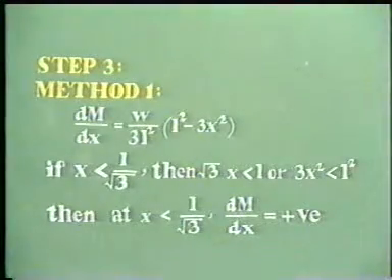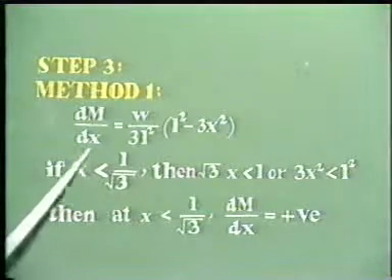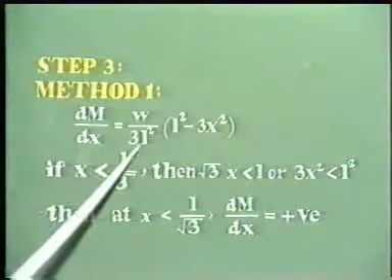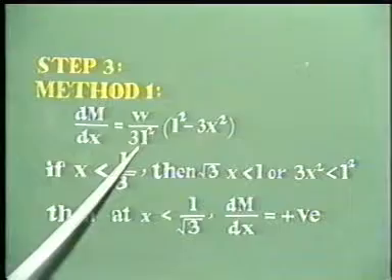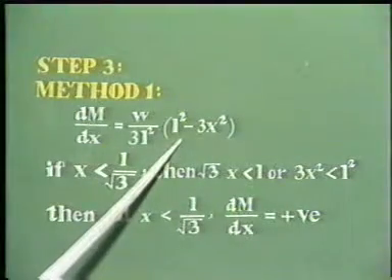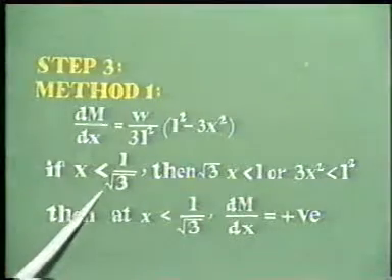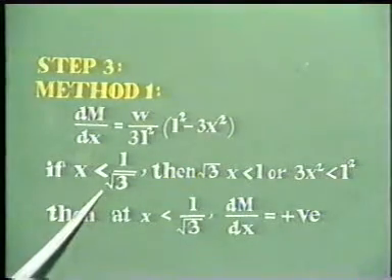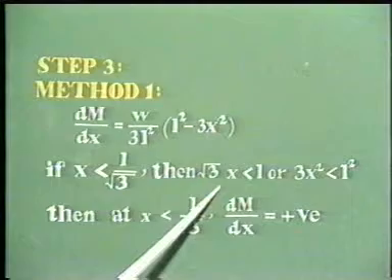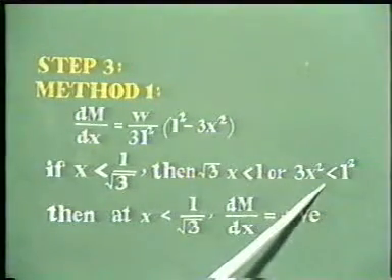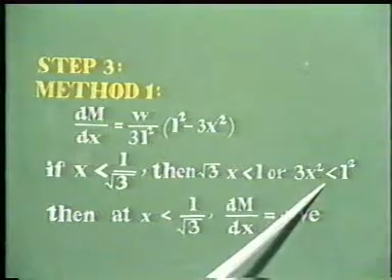Step 3. Method 1. dM over dx is equal to W over 3l square into l square minus 3x square. If x is less than l by root 3, then root 3 x is less than l, or 3x square is less than l square.